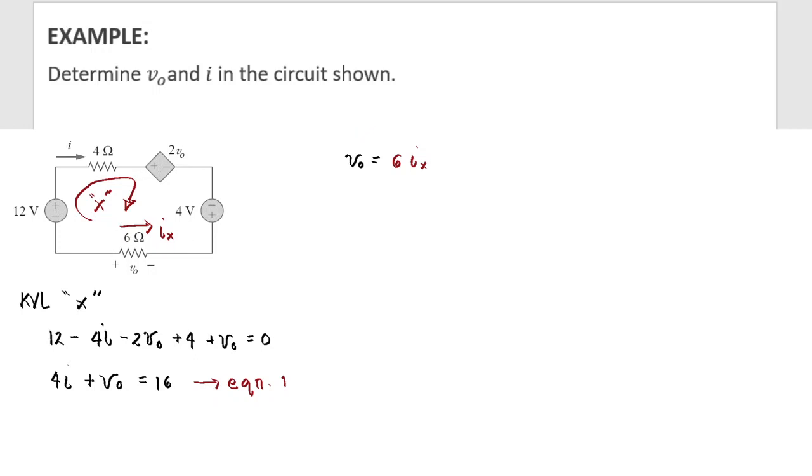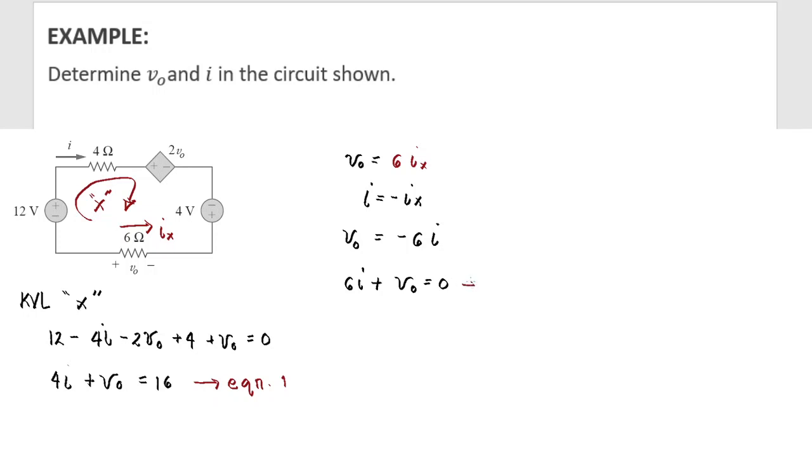Therefore, we can say that I is equal to negative IX, such that VO would be equal to negative 6I. Substituting, or we can say that 6I plus VO equals 0. This will be our equation 2.